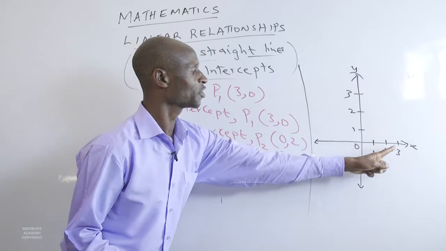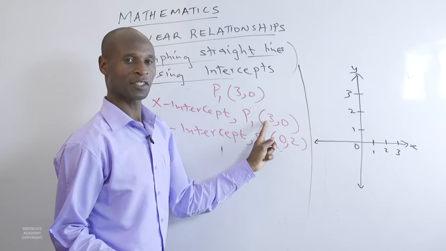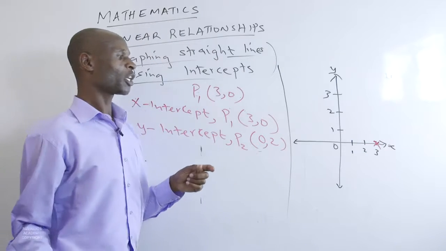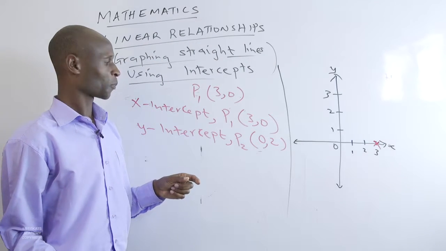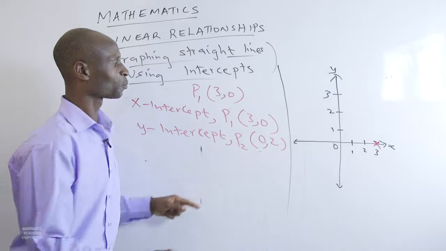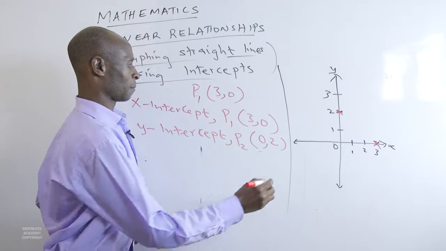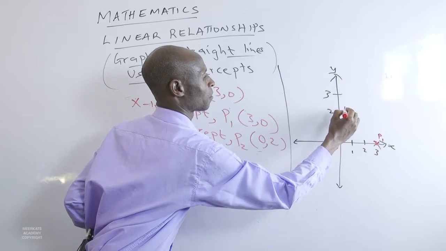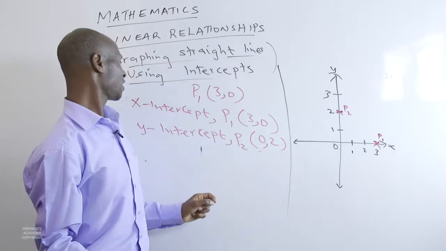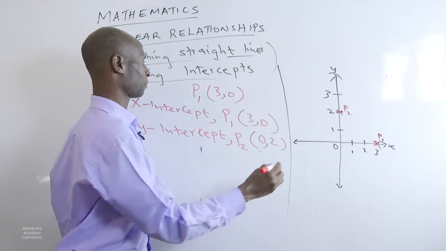So we identify on the x-axis the point where we have the 3 and put a cross as a sign of plotting. We also identify on the y-axis where the value of y is 2, and put the plot. So we have our first point, P1, the x-intercept, and our second point, P2, the y-intercept.